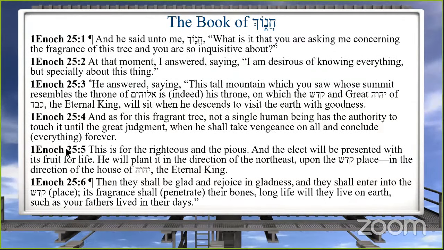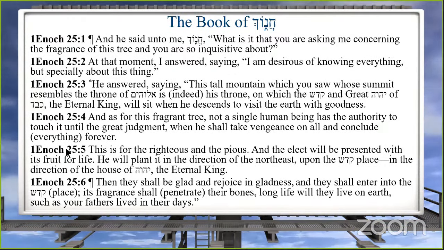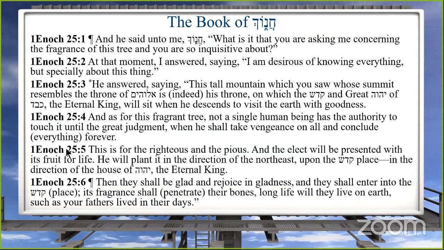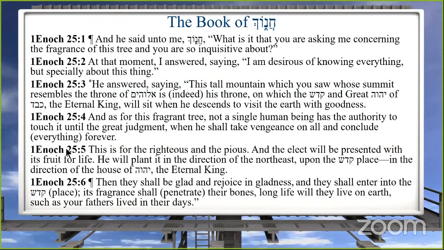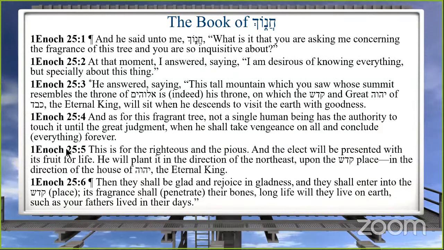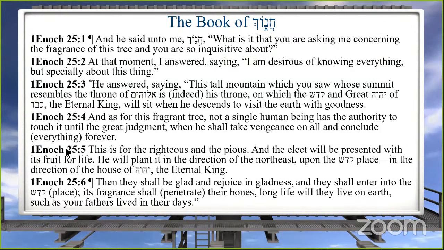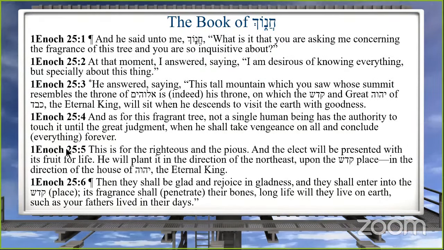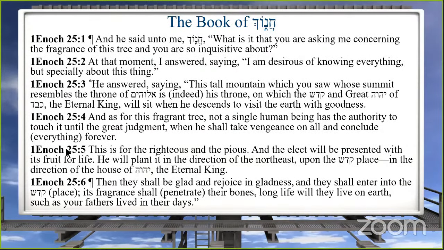He answered, saying, this tall mountain, which you saw, whose summit resembles the throne of Elohim, is indeed his throne, on which the holy and great Yahuwah of glory, the eternal king, will sit when he descends to visit the earth with goodness. And as for this fragrant tree, not a single human being has the authority to touch it until the great judgment, when he shall take vengeance on all and conclude everything forever.